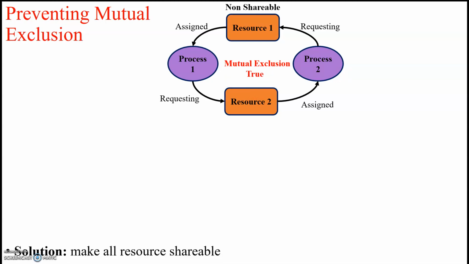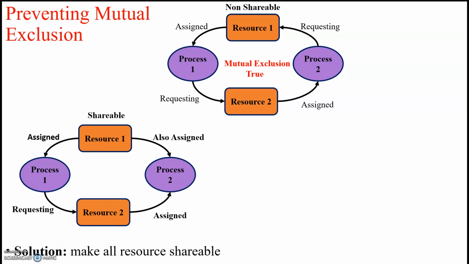So here, to prevent deadlock, we just have to do the opposite of mutual exclusion. That is, if the resources are non-shareable, to find a solution to avoid a deadlock, we have to make all the resources shareable. If we now make all the resources shareable, then this particular resource which was already allocated to process P1 can now also be allocated to process P2.